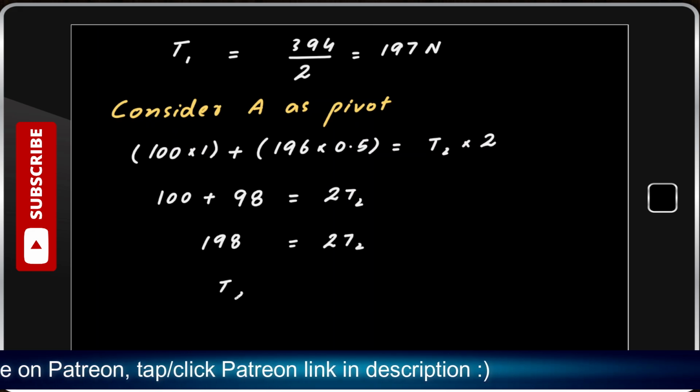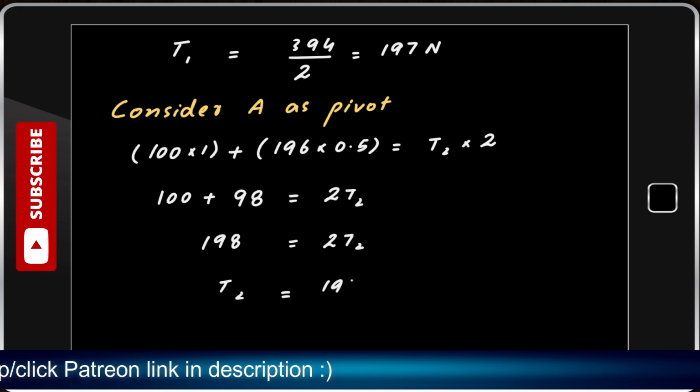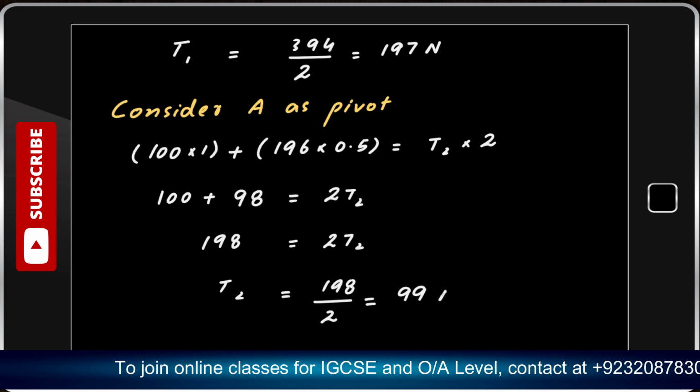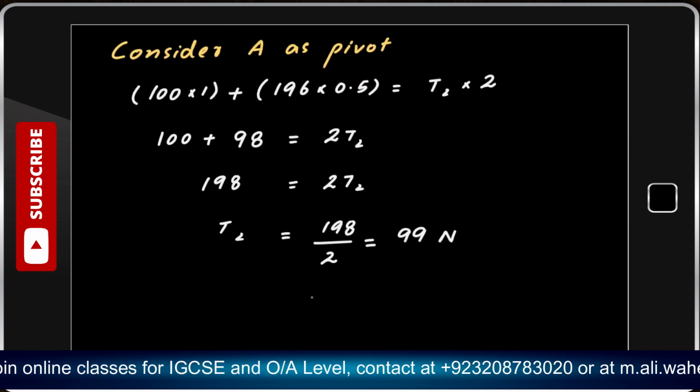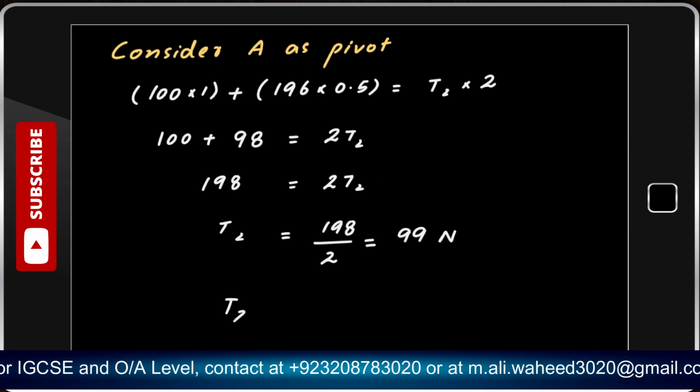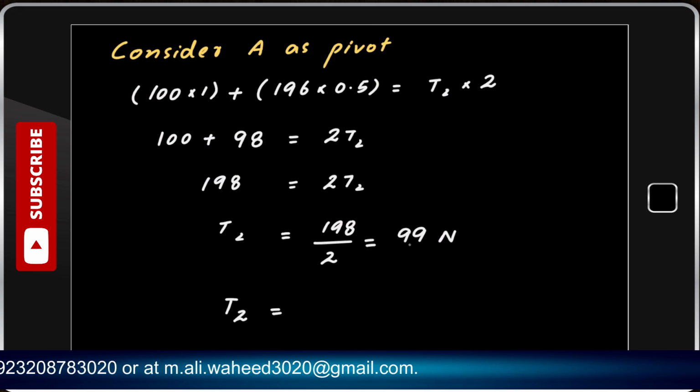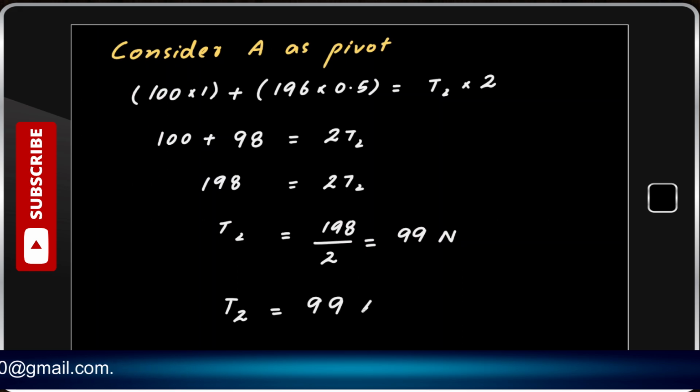If we rearrange it, this would be 198 divided by 2, which is just slightly under 100. 99 Newton. In 2SF it's already 2SF. I mean, you can round it off to 100 also, to 1SF, but you can leave it as 99. 99 is already in 2SF.